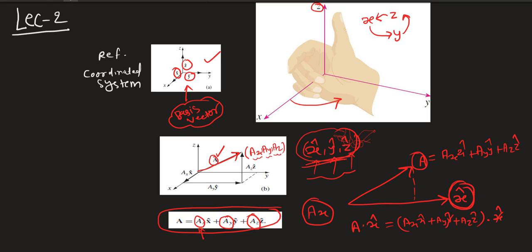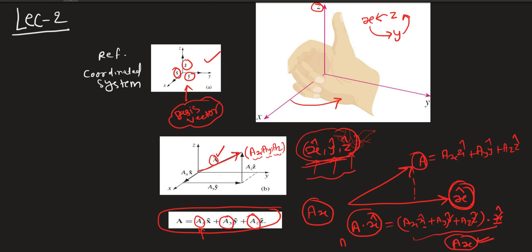Similarly, z cap dotted with x cap would also be 0, and x cap dot x cap would give you 1, because the angle between them is 0, so cos 0 is 1, and the magnitude of x cap is also 1. So you end up with ax. The dot product of vector A with x cap is simply ax.